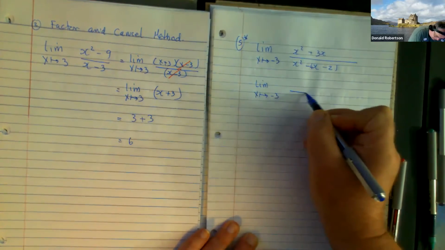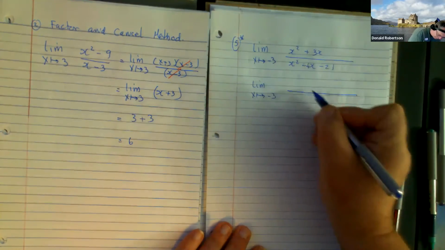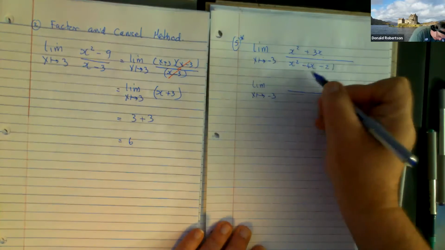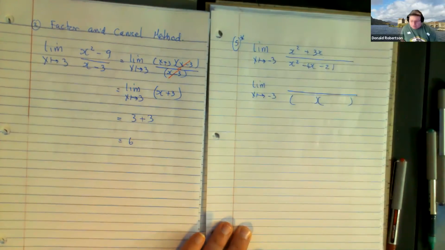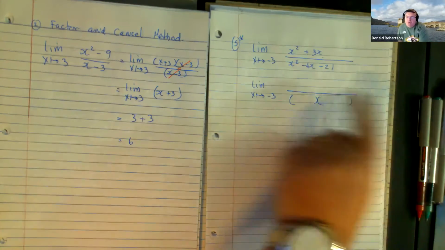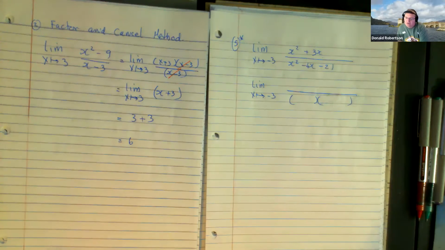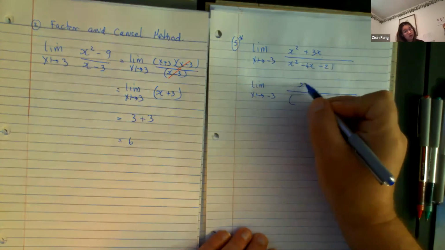So we'll begin with the factor. Quadratic, different situations. Let's focus on the top. What would be the factor that you would use on the top? X squared plus 3x. Factor out x, so it's x times x plus 3. Agreed.